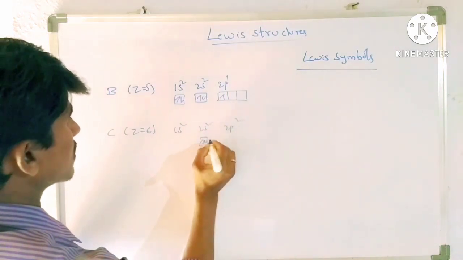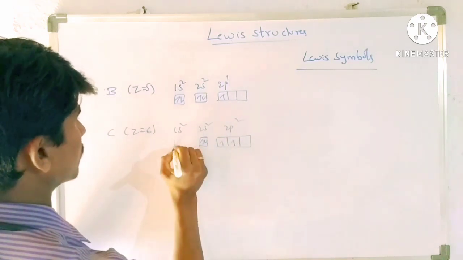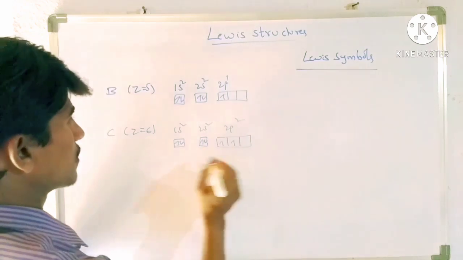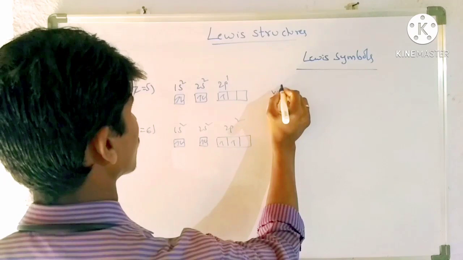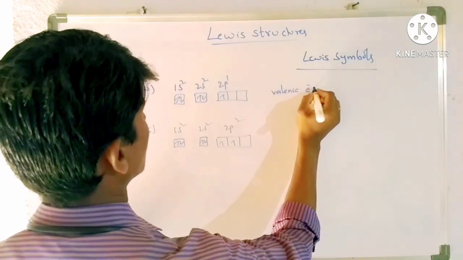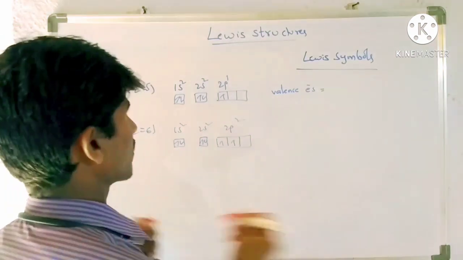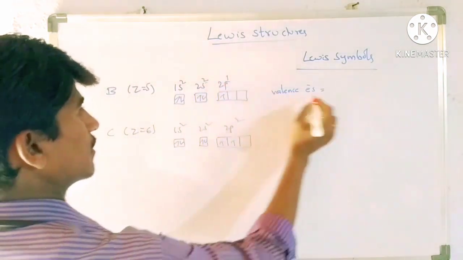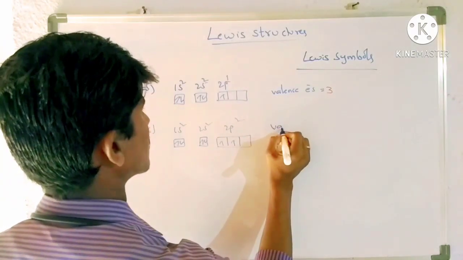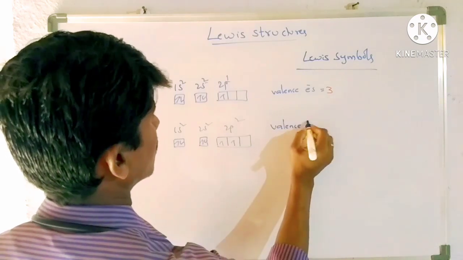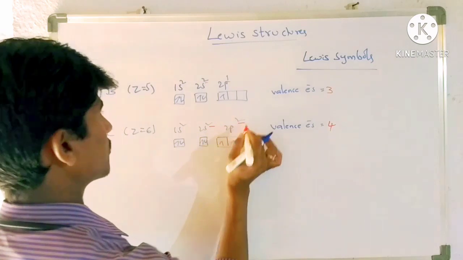Now how many valence electrons are there here? 4 valence electrons, 2 and 2.